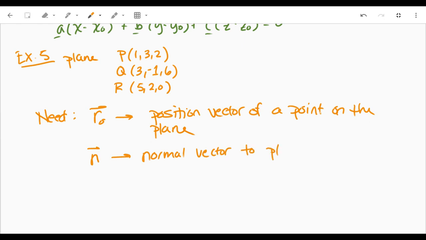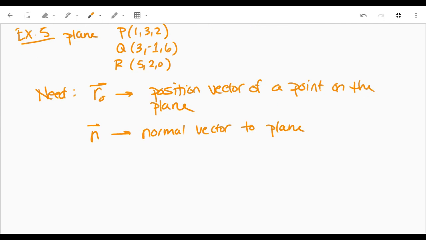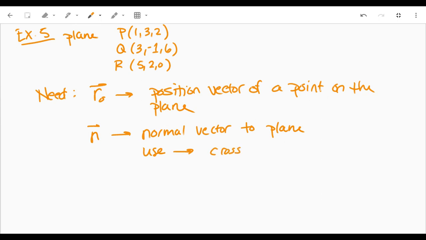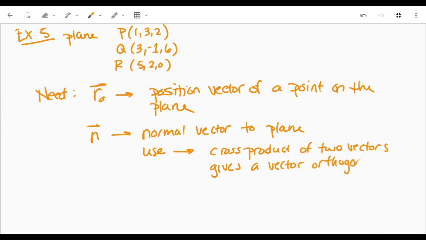That's going to be the trickier one, so that one we have to figure out. We're going to use the fact that the cross product of 2 vectors gives a vector orthogonal, perpendicular, normal, whatever, to both.